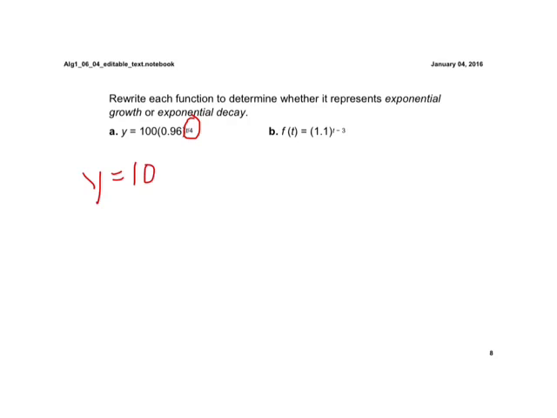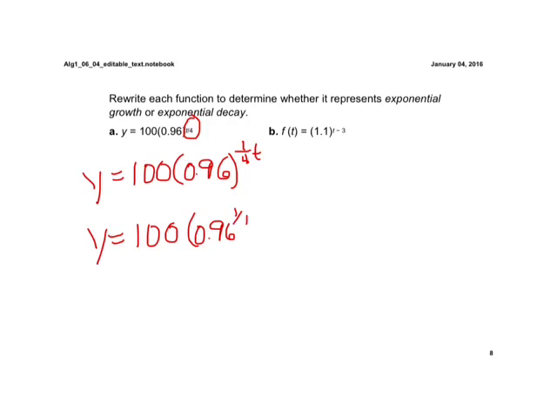So really what we have is 100 times 0.96 raised to the 1/4 times t power. T over 4 is the same as 1/4 times t. So if we use our power of a power property, let's keep the t on the outside to get it in our formula. We're going to rewrite this as 0.96 raised to the 1/4 power, all raised to the t power.